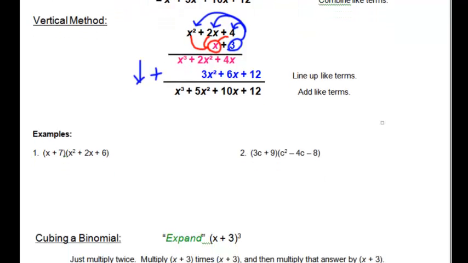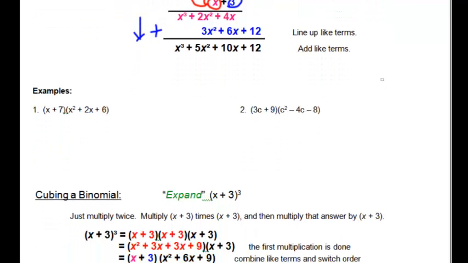So let's take a look at example 1. After I distribute my x term, I will get x cubed plus 2x squared plus 6x. And then I would like to distribute the 7, which is going to give me 7x squared plus 14x plus 42.